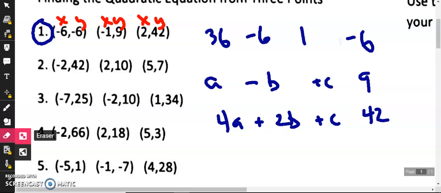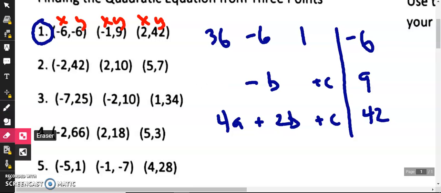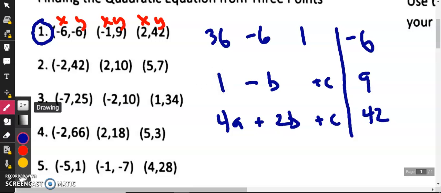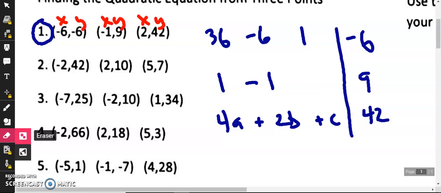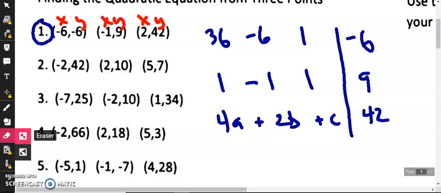And then wherever I see this equal sign, I'm just going to draw a line down here to separate that out. And then we'll do the same thing on the other rows. So the a will just become a 1. The -b will just be a -1. Positive c becomes +1. 4a becomes 4. 2b becomes 2.